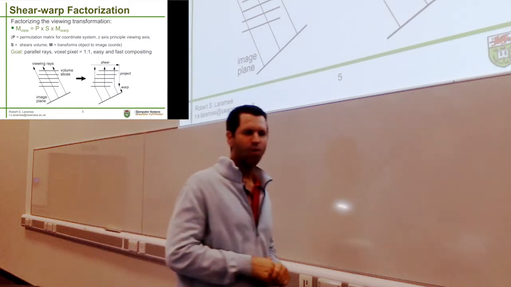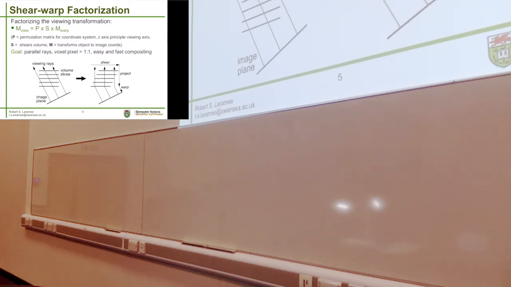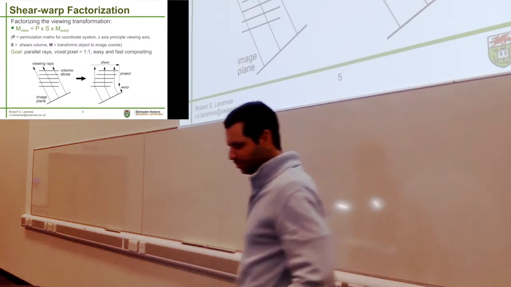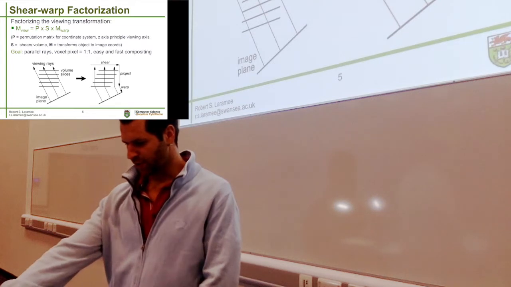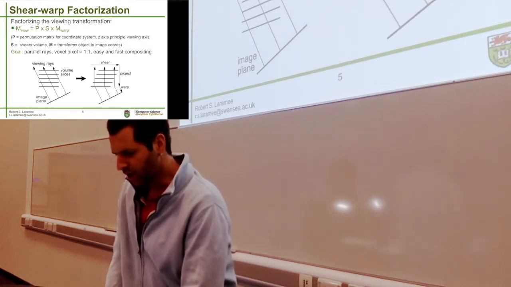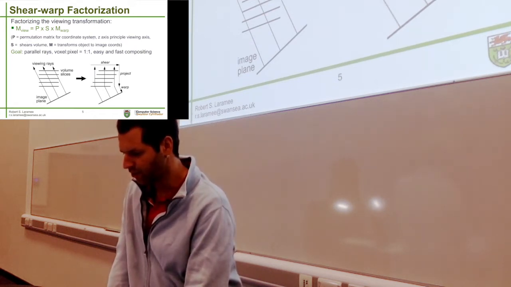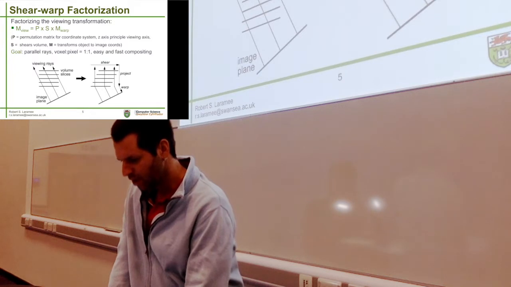This is an overview of what it looks like. It involves 3 major steps, and it relies on something called a permutation matrix for coordinate system transformation.